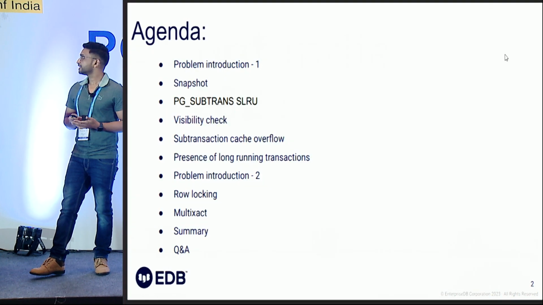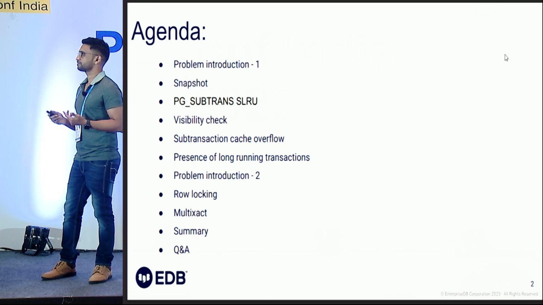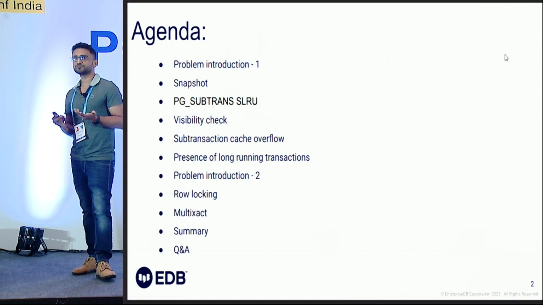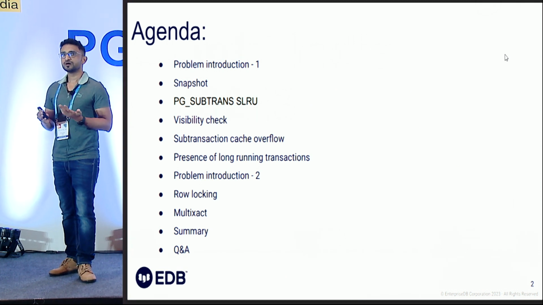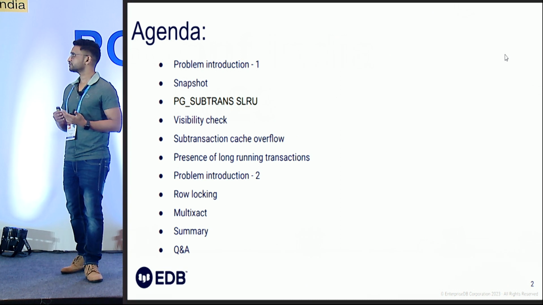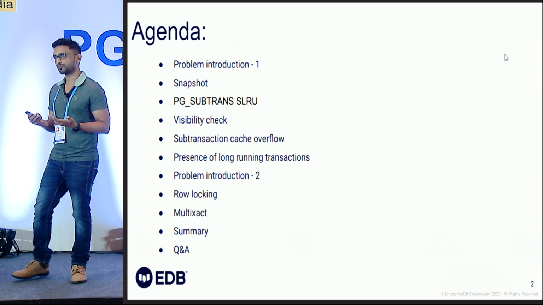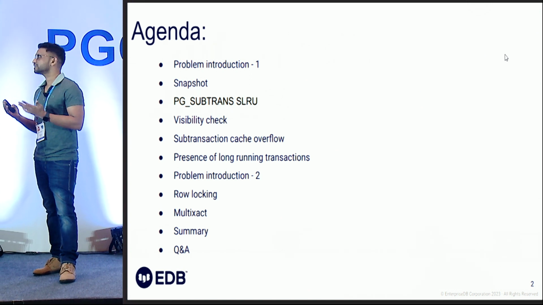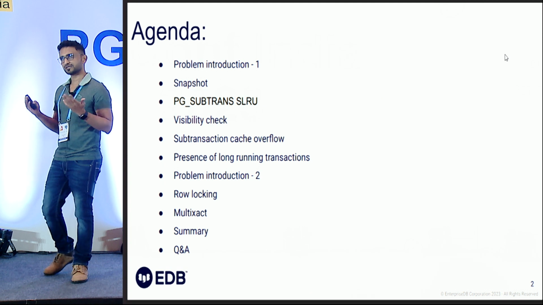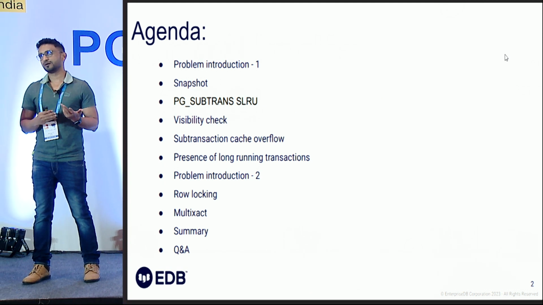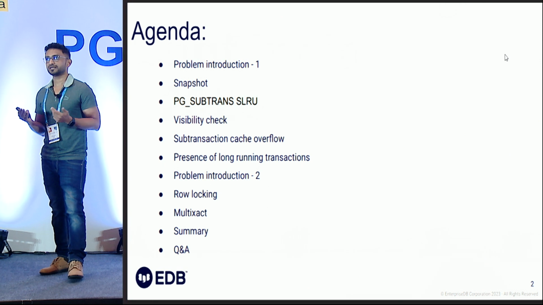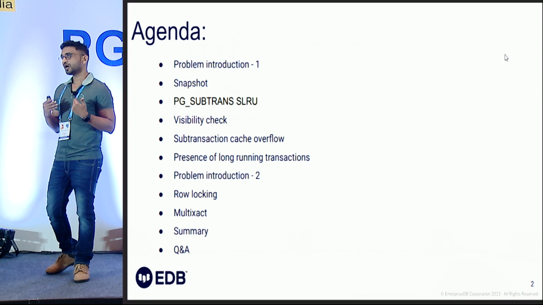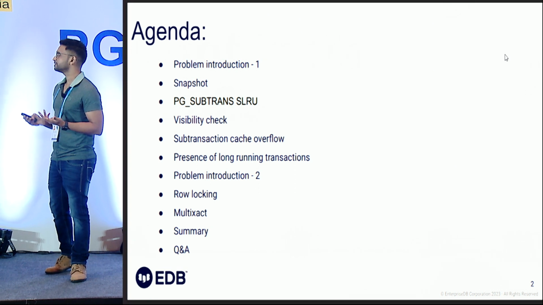So this is the agenda of my talk. I'm going to cover two problems, and both are somewhat related to the Postgres SLRU implementation. First, we start with the introduction of the first problem. Then, to understand that problem in more detail, we need to understand some logic around Postgres snapshot implementation, pg_subtrans SLRU, and how visibility works in PostgreSQL.